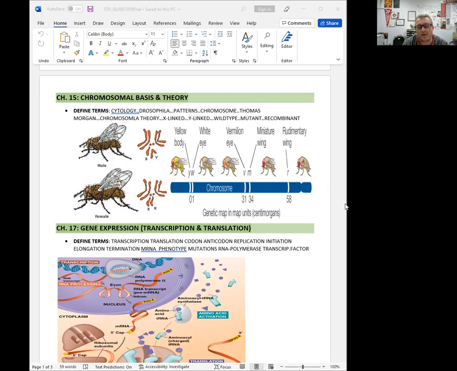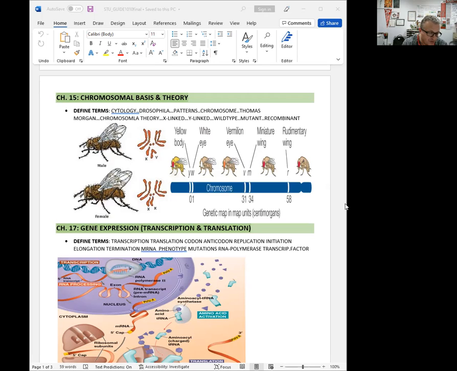Then he came up with this linked gene idea: if two or more genes are on the same chromosome, they don't necessarily follow the independent assortment rule of Mendelian genetics. Then there is the alteration of chromosome number and structure, what kind of genetic disorders that causes, and exceptions to standard Mendelian inheritance.